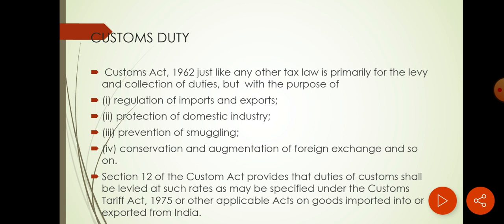Like any other act, it is enacted primarily for the levy and collection of duties. The main objective for the levy of customs duty is, first, regulation of imports and exports; second, to protect our domestic industry, the industries of our own country; and third, prevention of smuggling, that is, to prevent smuggling activities which are against the law.